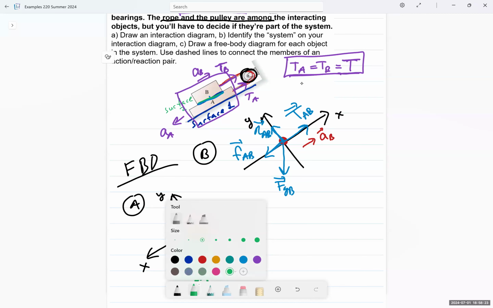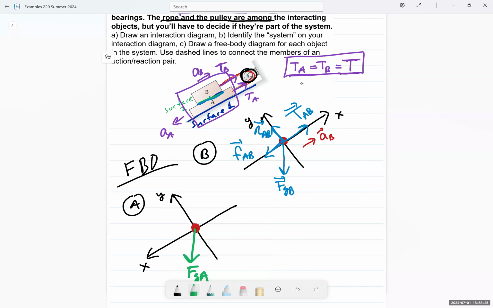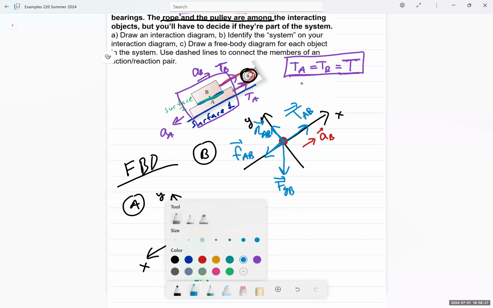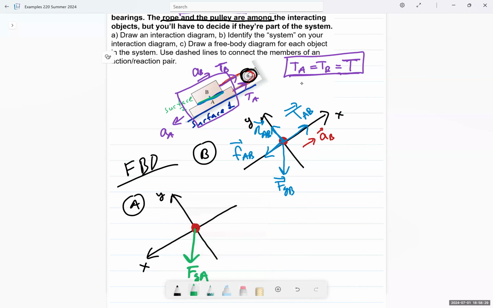Then I have a normal force coming from surface one, right? So normal force from surface to A. Then another one here is that there's a rope.